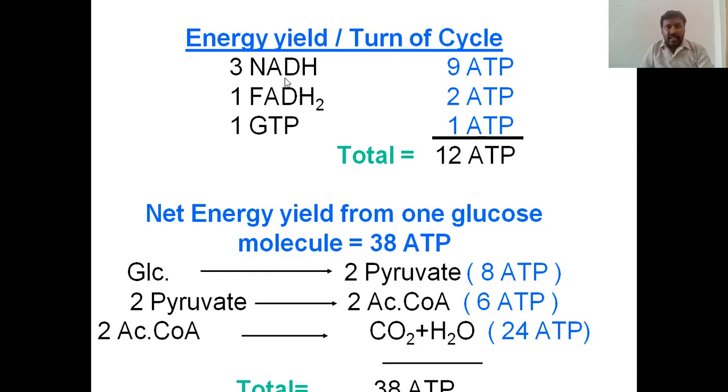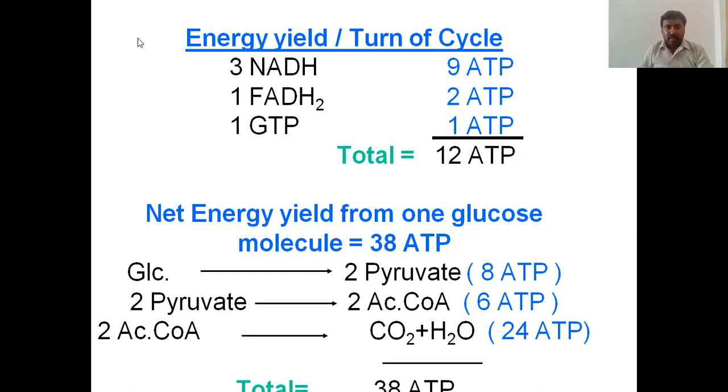So 3 NADH in a total turn of the cycle, 3 NADH means 9 ATPs, and 1 FADH2. See, 1 NADH plus H plus produces 3 ATPs. 1 FADH2 produces 2 ATPs.